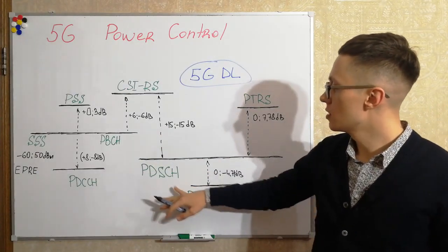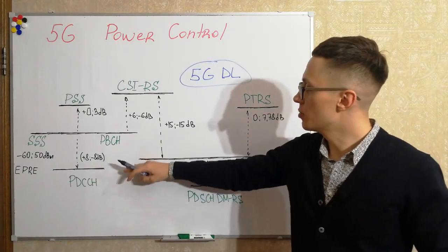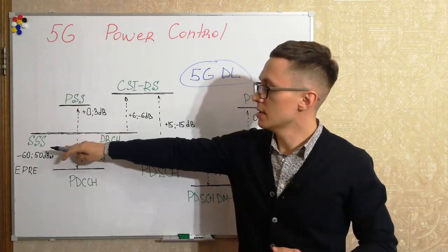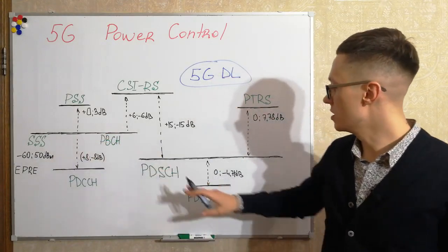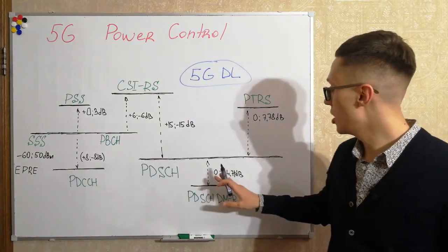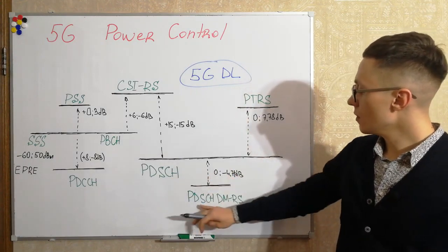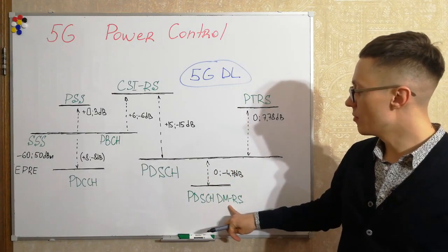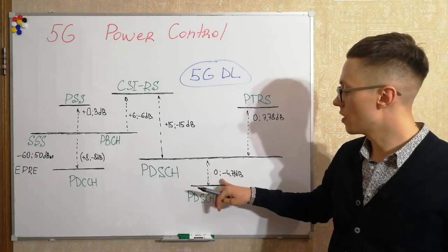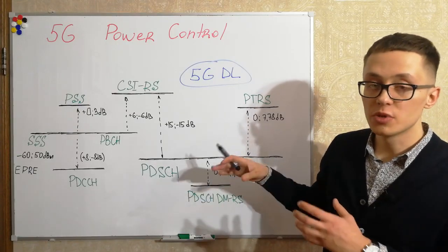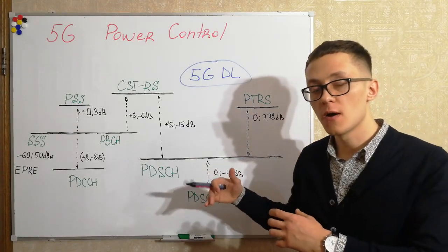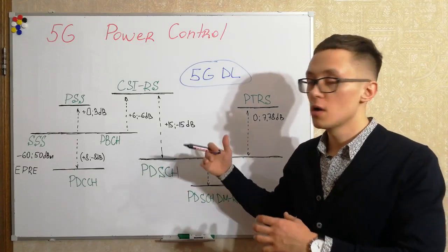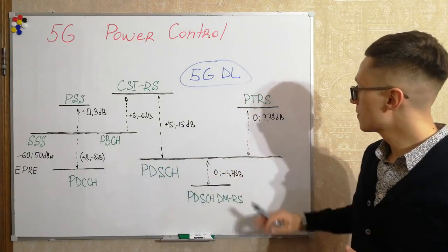The PDCCH channel is a little bit lower than SSS signals. The PDCCH DMRS can be transmitted with some lower or the same power.